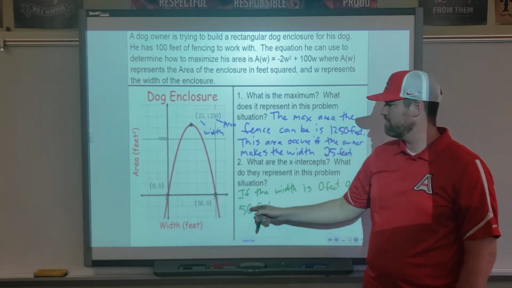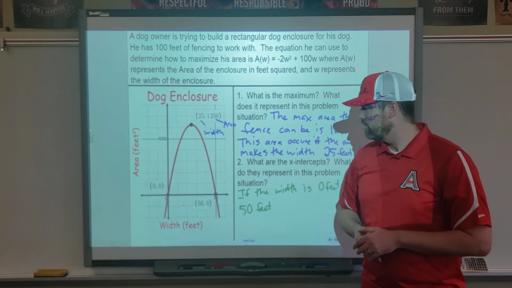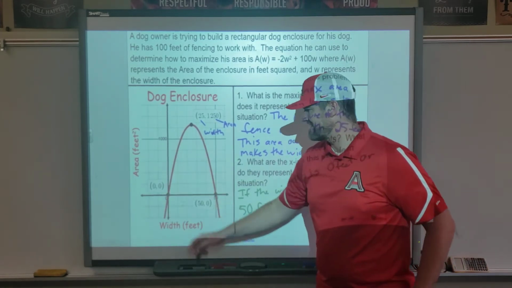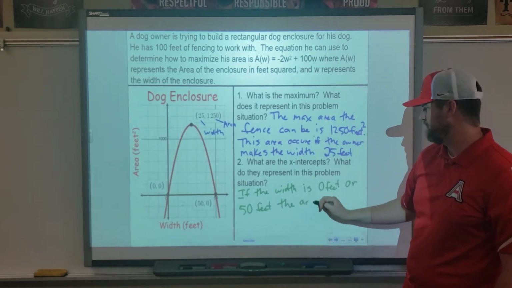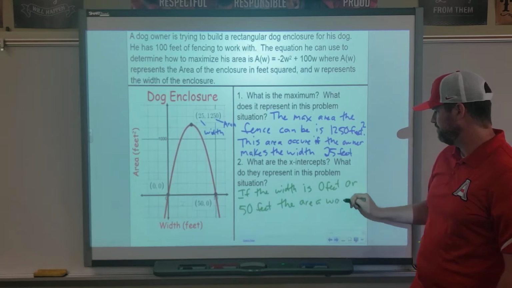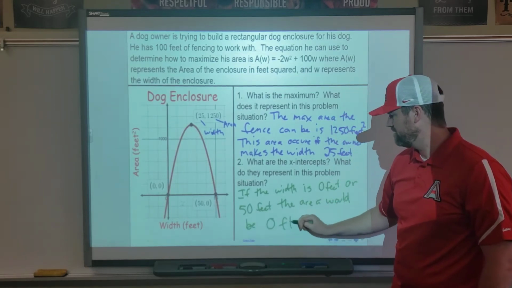If the width is 0 feet or 50 feet, what will the area of his rectangle be? Well, the area would be 0 feet squared.